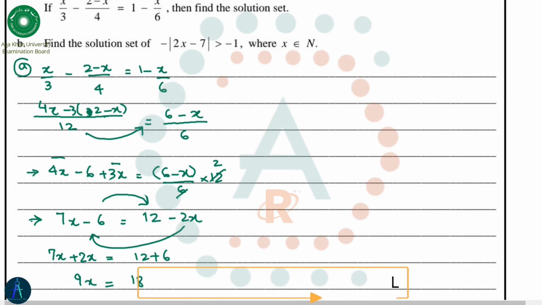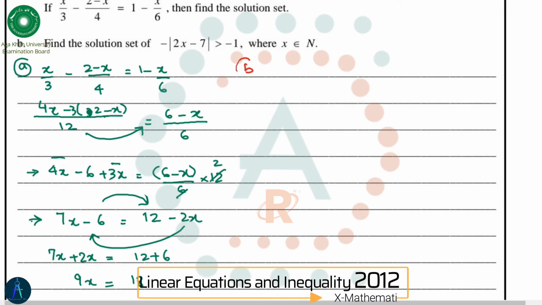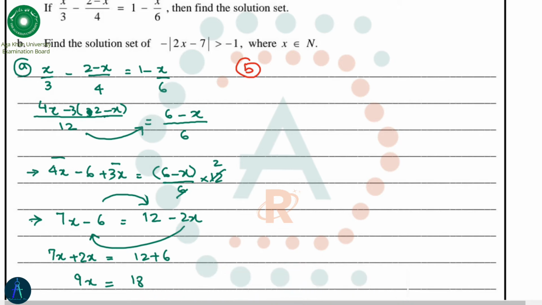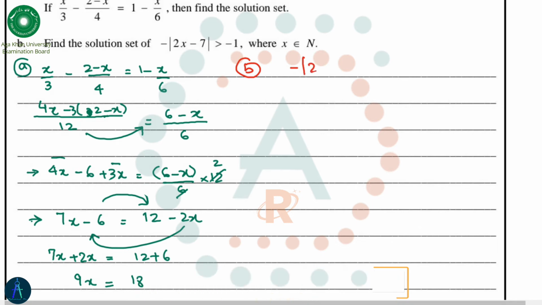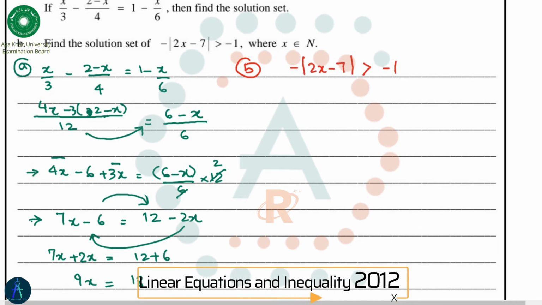Okay, so now we will see part B of this question, and in part B we have the modulus inequation, so inequality. Let's see how to solve this modulus inequality. Negative of modulus of 2x minus 7 is greater than minus 1, where x belongs to the natural numbers.